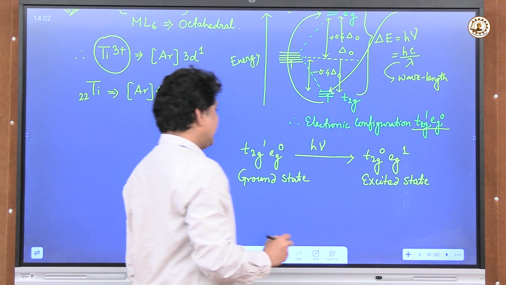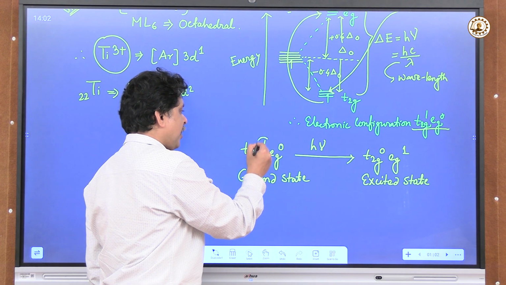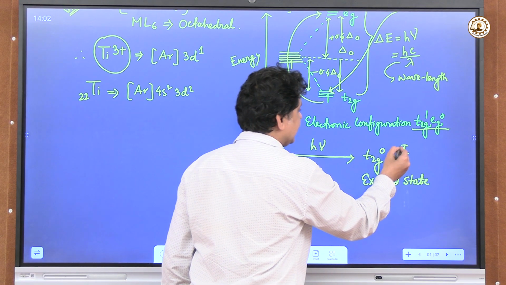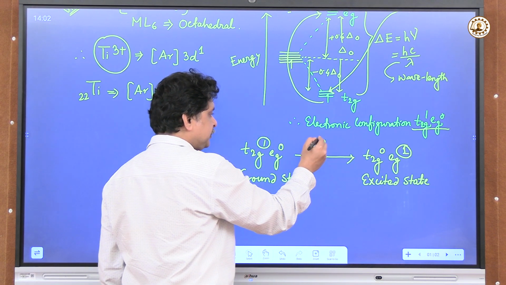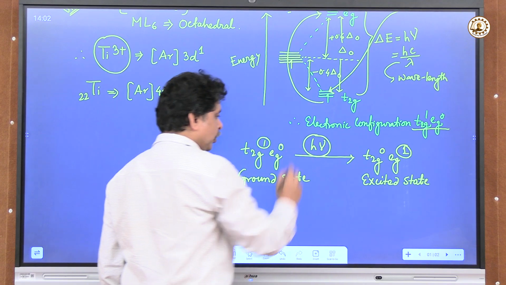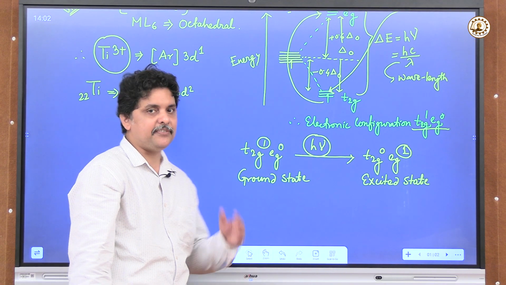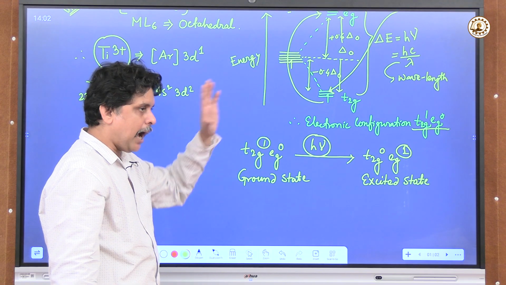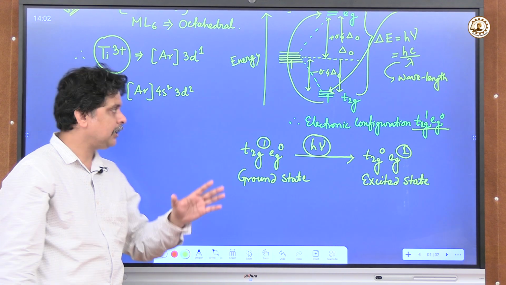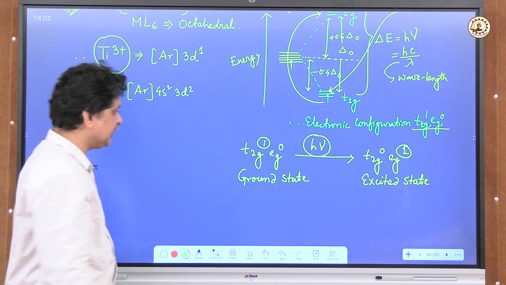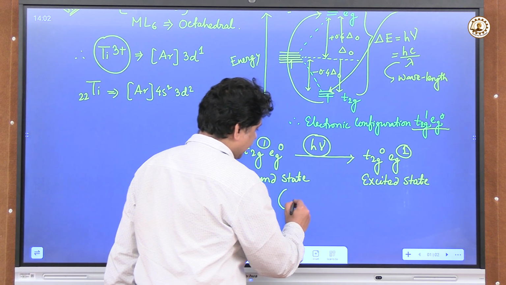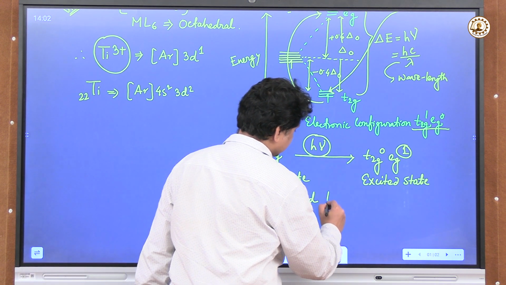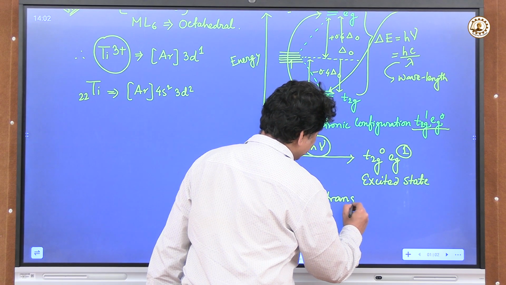Now, when this electron moves from t2g to eg, it absorbs a radiation whose wavelength is in the visible region. So this compound absorbs visible light for this electronic transition. This is also called a d-d transition. Why d-d?